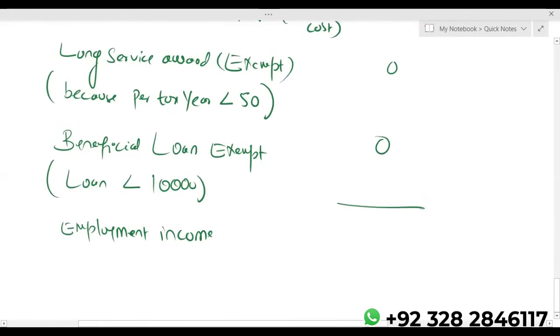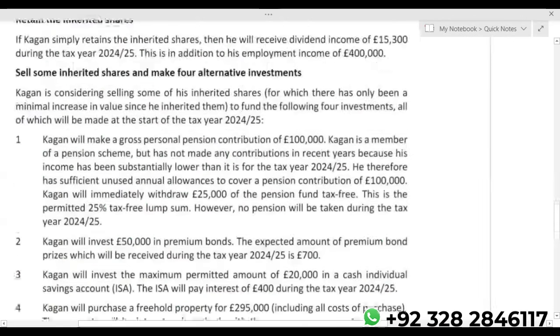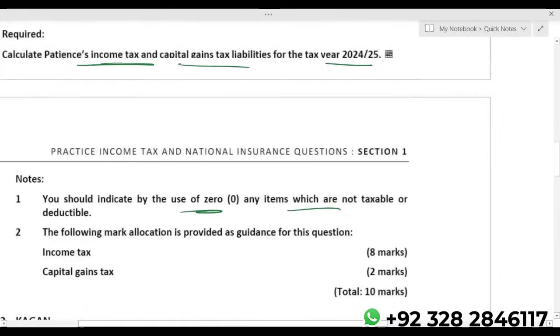I'm getting 49,185. Now simply add the pensions. All the pensions: 1450 plus 6,000 plus 3,300. 10,750. Let's go ahead.